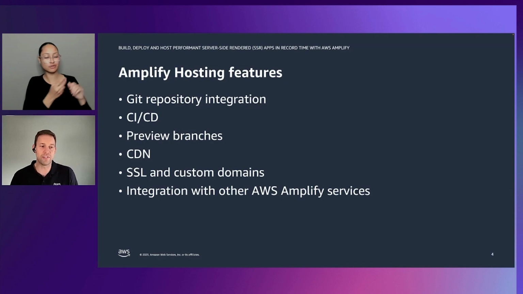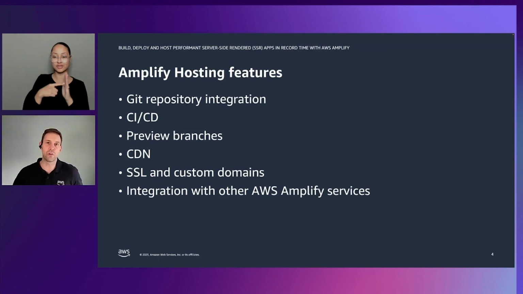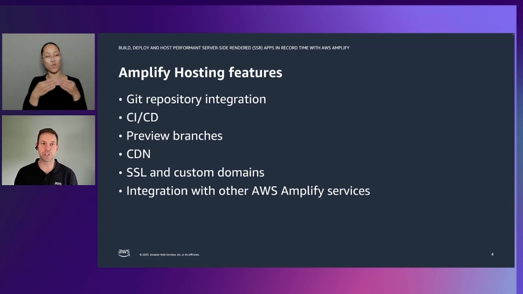So all of this is delivered via a managed CloudFront CDN, and that includes things like the DNS configuration and the SSL certificates. And the hosting is integrated with Amplify's services, so things like the UI components, and also wider AWS services. So that's things like CloudWatch, and we'll see that a little bit later on in the demo.